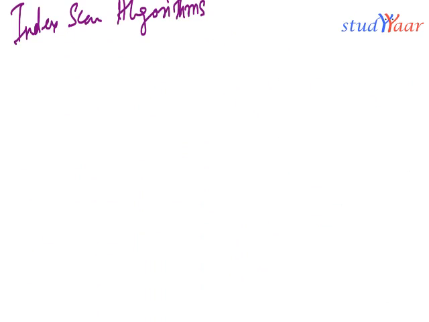The first algorithm over here is A3 or primary index on candidate key. Let's suppose I need to find a record with a particular search attribute which happens to be the candidate key, and I have a primary index on this candidate key.